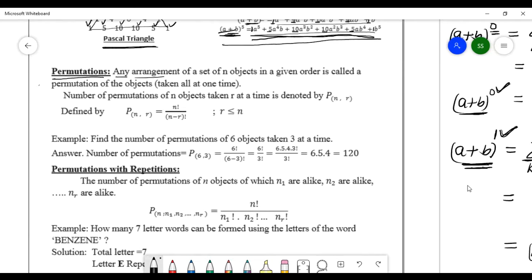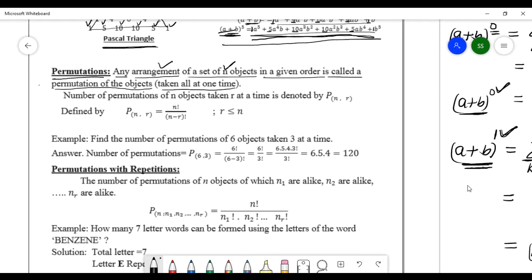Any arrangement of a set of n objects in a given order is called a permutation of the objects taken all at one time. Permutation means arrangement. If you have n objects, how do you arrange them all together?